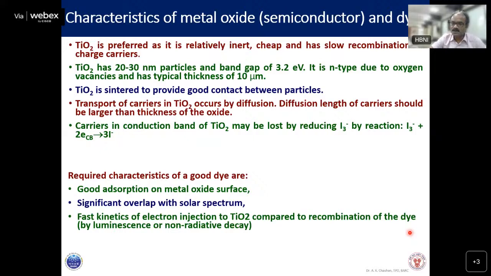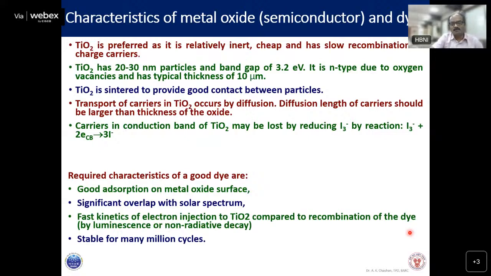See, it is also possible that after absorption of radiation, the electron and hole can recombine back. So before they recombine, they should be collected by the TiO2. So the kinetics of electron injection to TiO2 compared to recombination should be more probable.